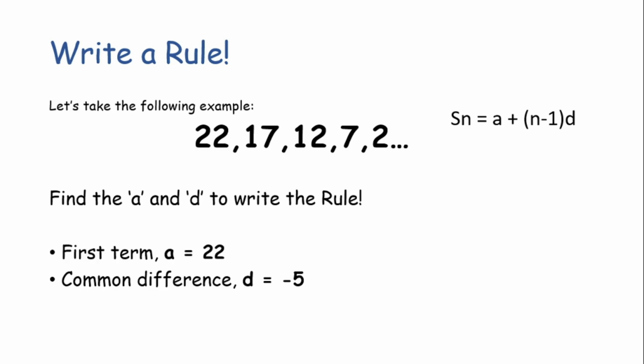In this case, the first term, a, is 22, and the common difference, which is calculated by taking one term and subtracting the previous term from it, let's say 17 minus 22, or 12 minus 17, or even 2 minus 7, we get the common difference of minus 5.